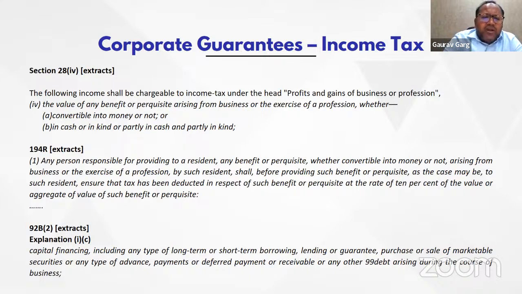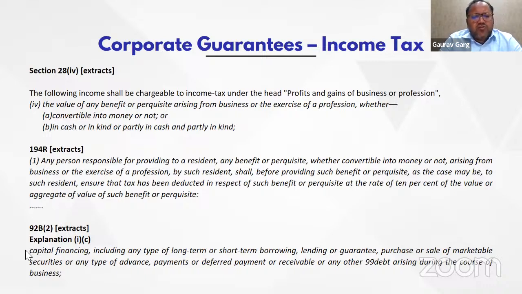Rather, I am protecting my investment by giving the corporate guarantee. But yes, where clearly because of the corporate guarantee the interest rates are coming down, one can follow the interest saving approach, maybe 50%, and that should be the value under 28(4). And accordingly, the TDS should also be deducted under section 194R of the Income Tax Act.